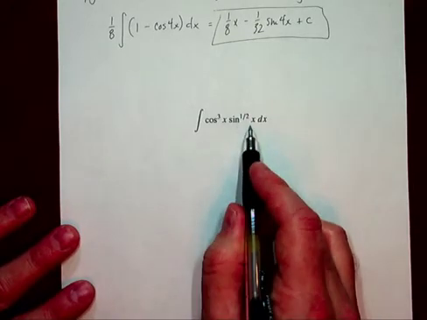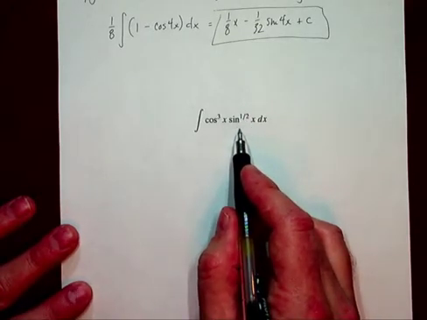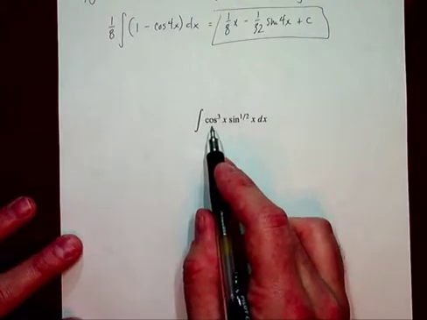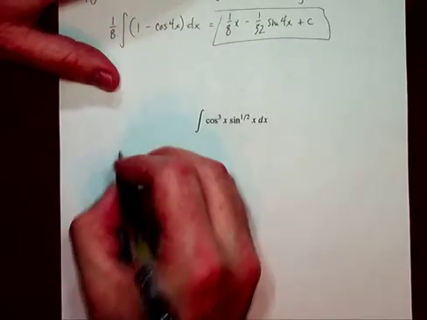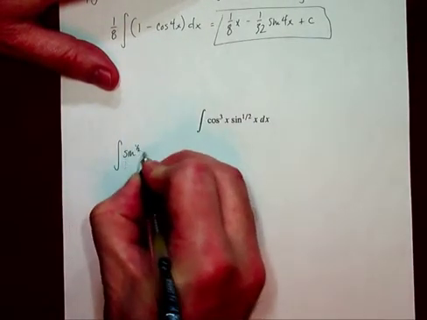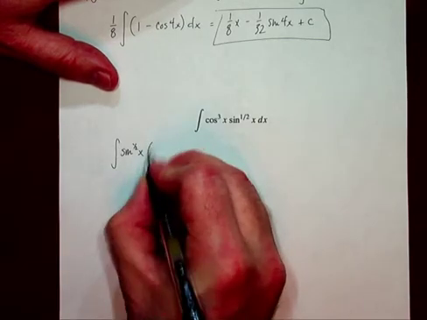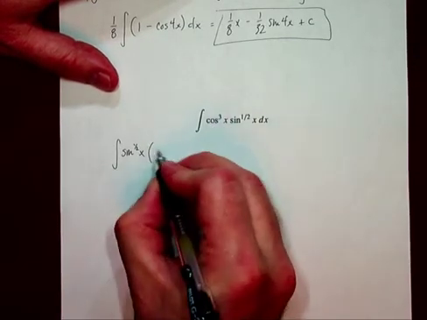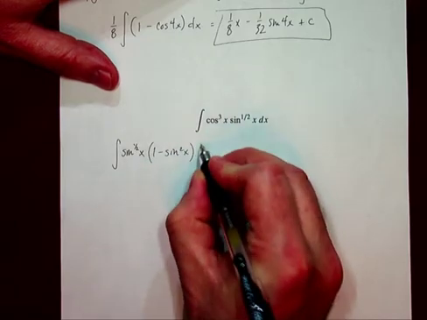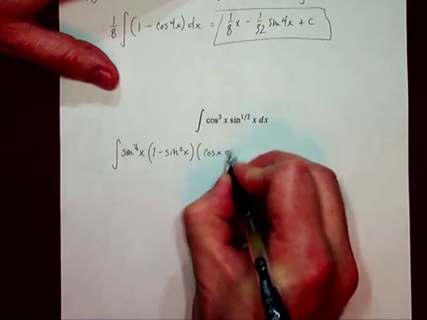Sine to the 1/2 x obviously is not going to be changed into anything. Cosine cubed, however, can be pulled apart into cosine squared times cosine. So let's transform the cosine squared into 1 minus sine squared x. You're left with cosine x dx.